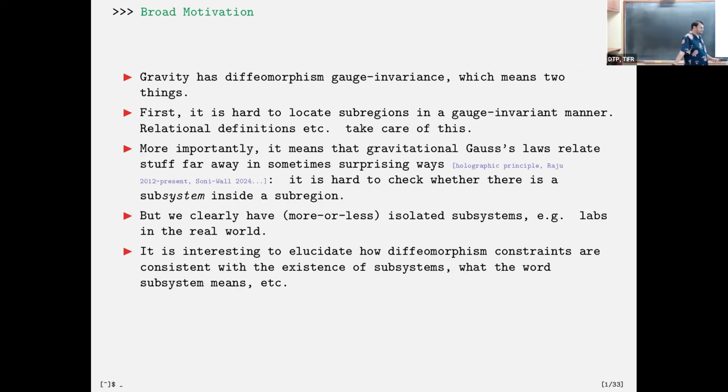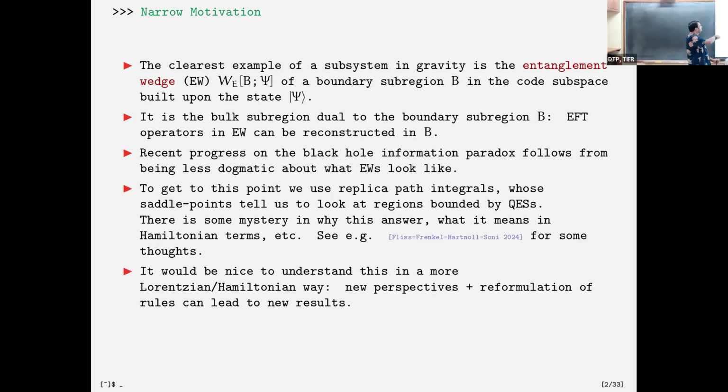My broader motivation is just thinking about what we are doing, what our experimental friends are doing, as physicists. I bring up the island formula here for a different reason. It is just that we know an example of a subsystem in gravity. You take a state and take small excitations around that state.